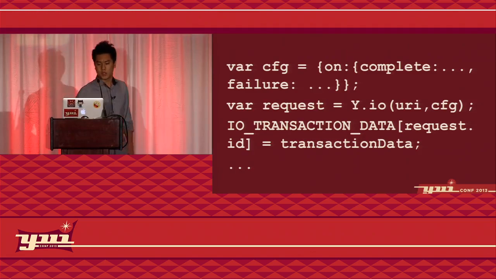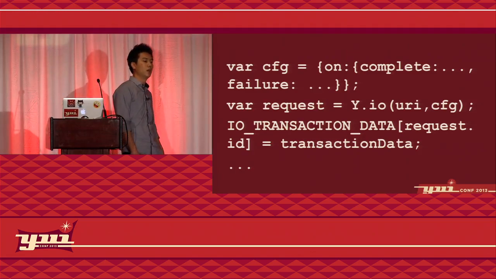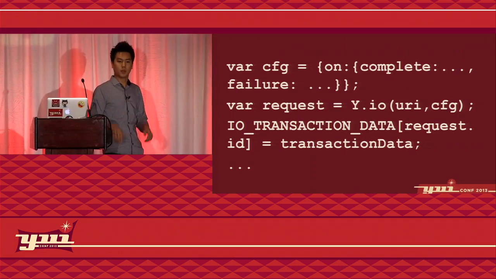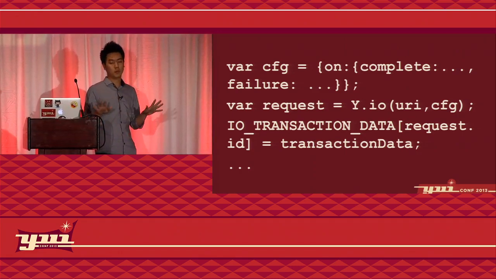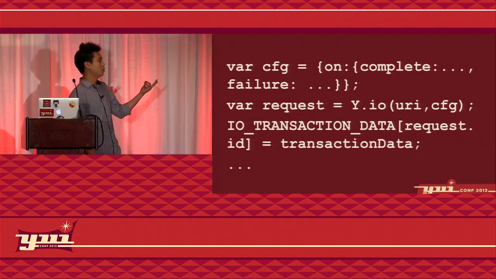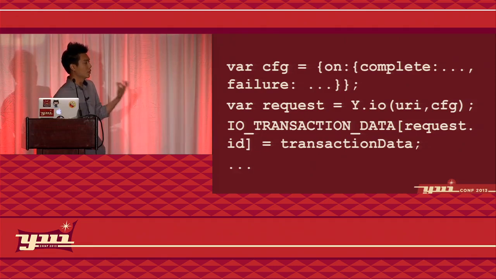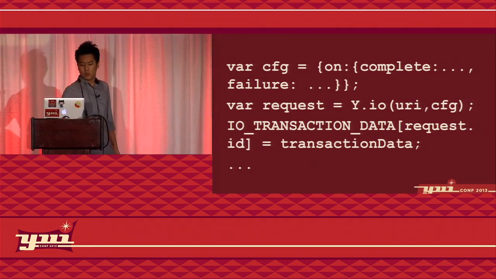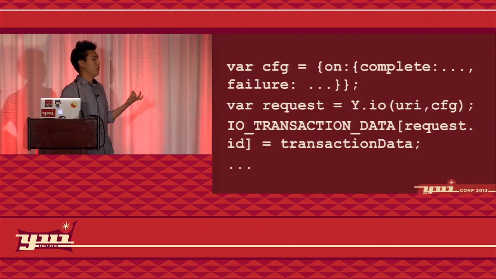So we decided to utilize Y.io. Some of you may be familiar with it, but we basically use the Y.io request to fetch the data, and we created a module called background fetcher.